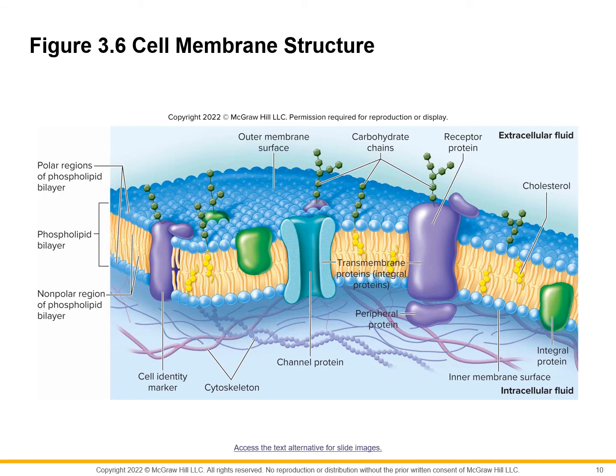Now this is showing some of the things that are in there. We're going to look at this later on in this chapter, about how things can move in and out of the cell. We're going to see these little channels. I am not worried about this part, but I'm going to just point out that there are some things like this one, called an integral protein. It does not go all the way across the membrane, where this one and this one here do.